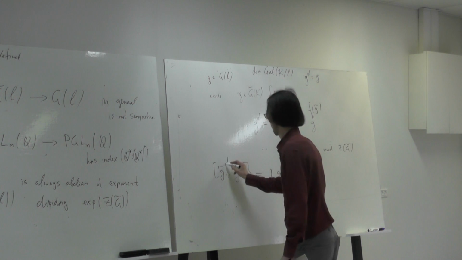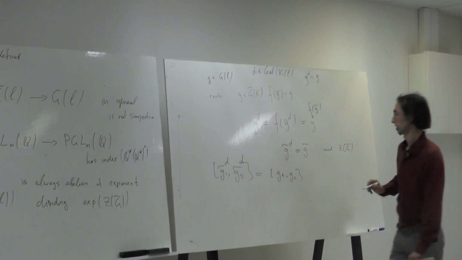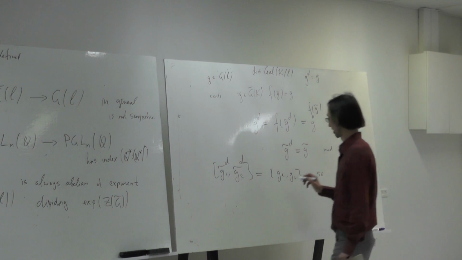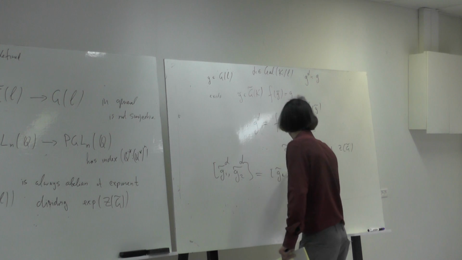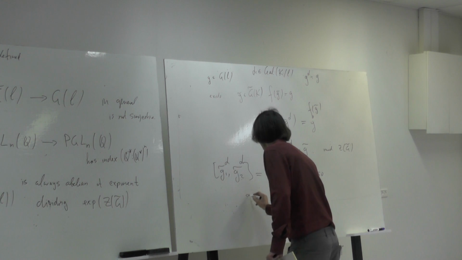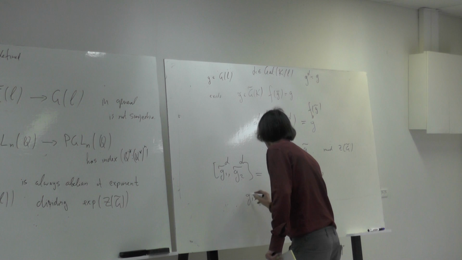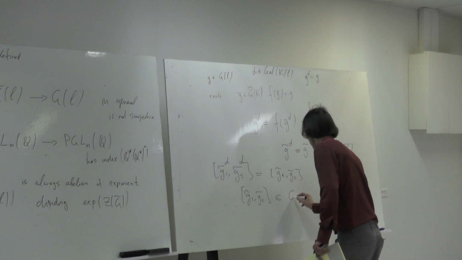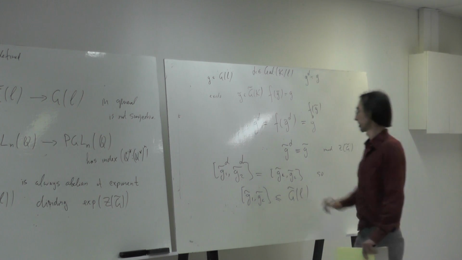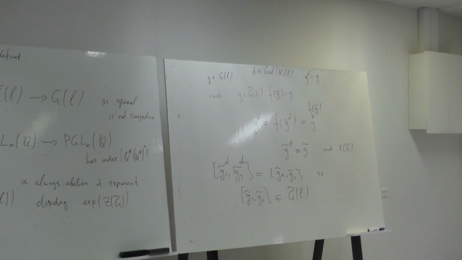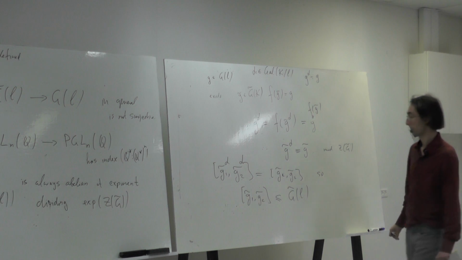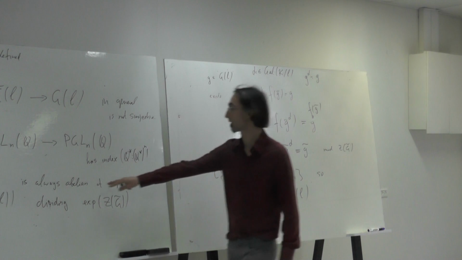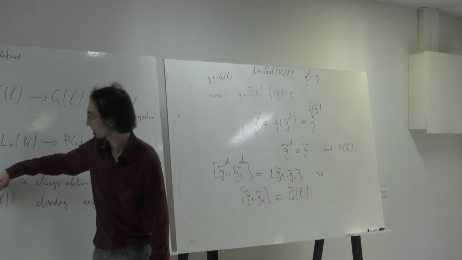So basically each commutator is inside the image of G tilde of L. This shows that it's abelian, because the commutator of any two elements lies here.